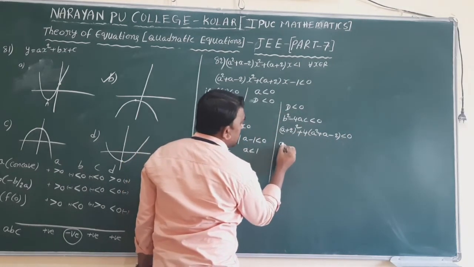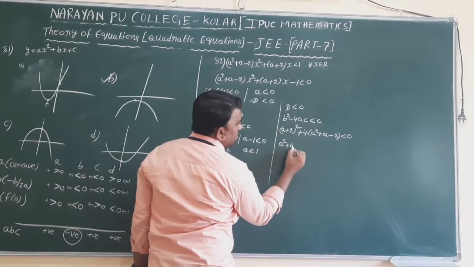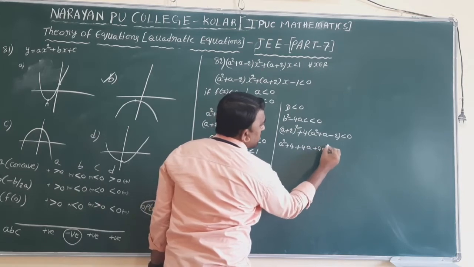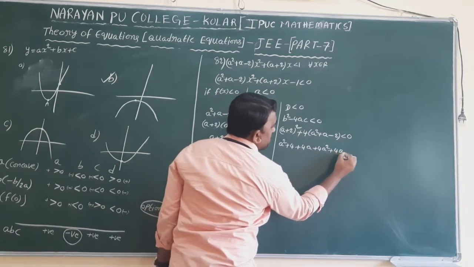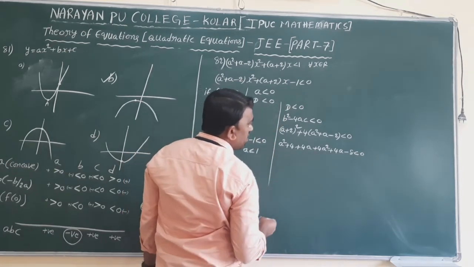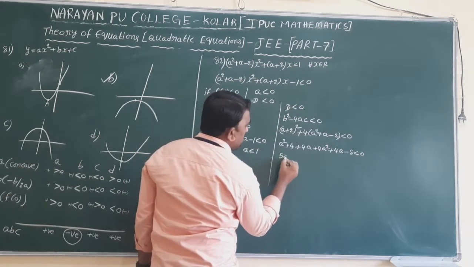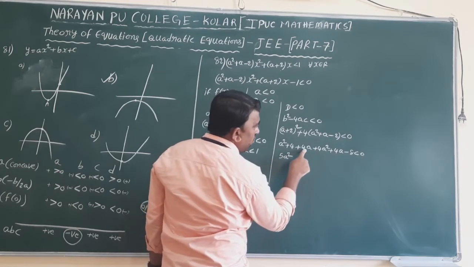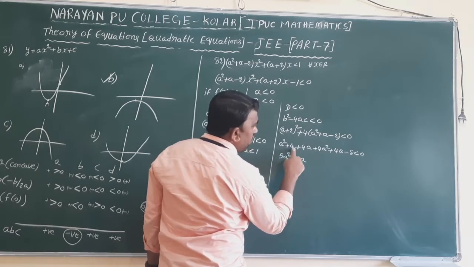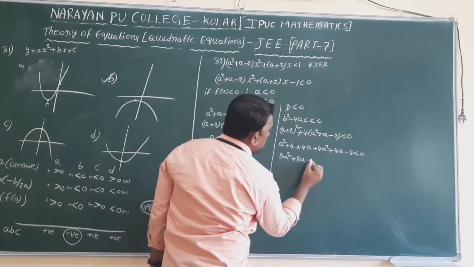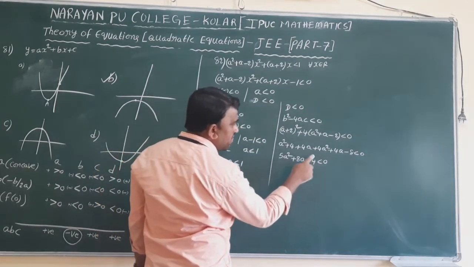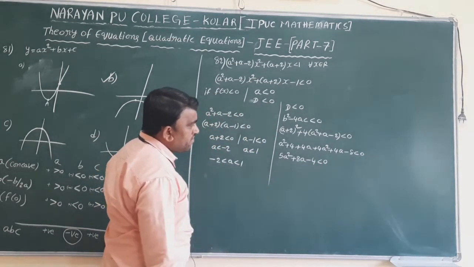Simplify this: a² + 4 + 4a + 4a² + 4a − 8 is less than 0. Simplify this: 4a² + a² is 5a², 4a + 4a is 8a, 4 − 8 is −4, less than 0. 5 times 4 is 20.